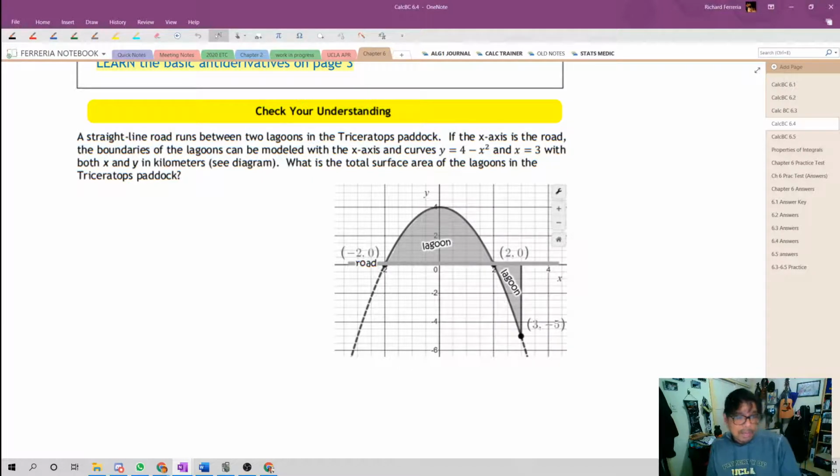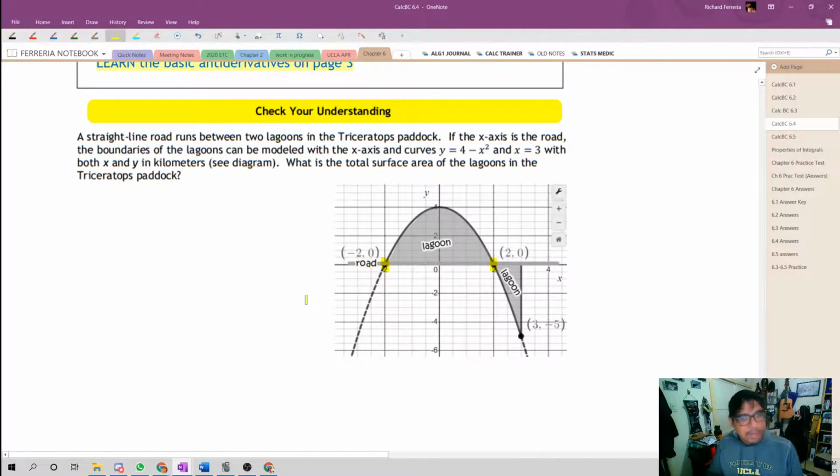Okay, well, unlikely that we would get an actual parabola as a boundary for a lagoon, but this is just kind of approximate. Luckily for us, we're told that the points of intersection are -2 and +2. That's going to help us.